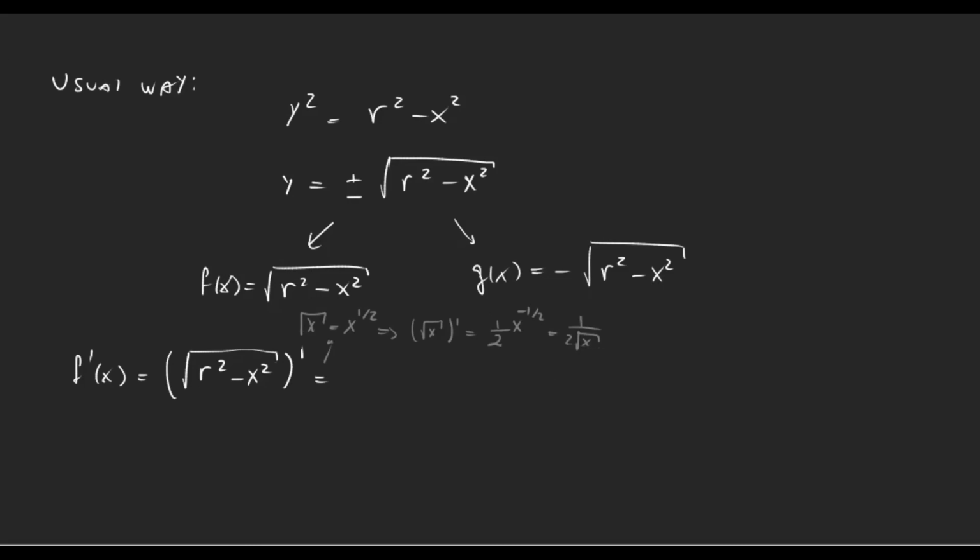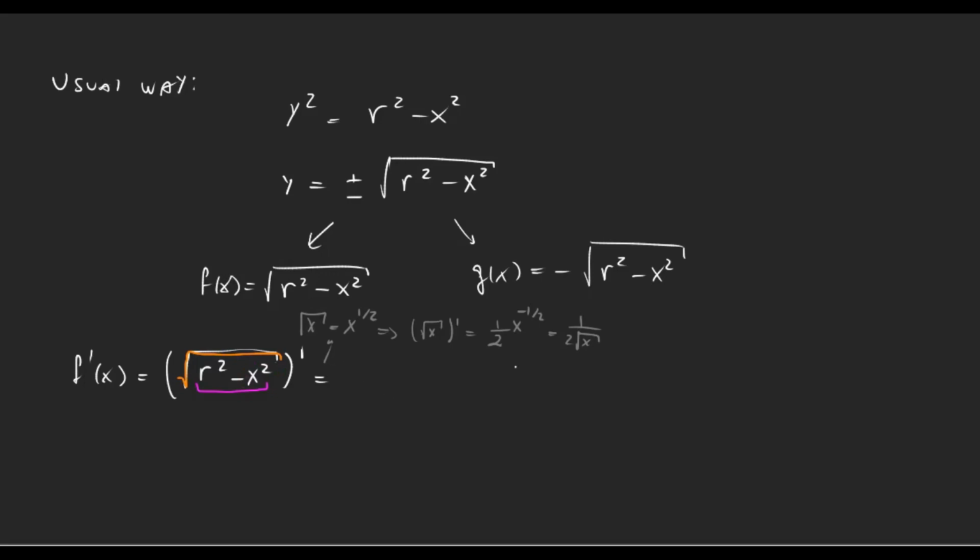So using this, we can calculate this derivative using the chain rule, because we have a square root and we have a function inside, r squared minus x squared.